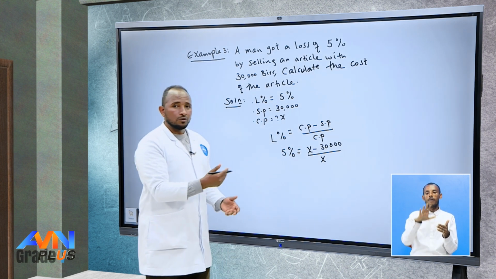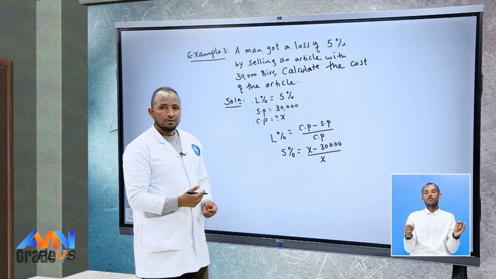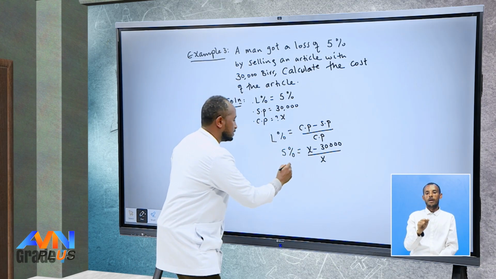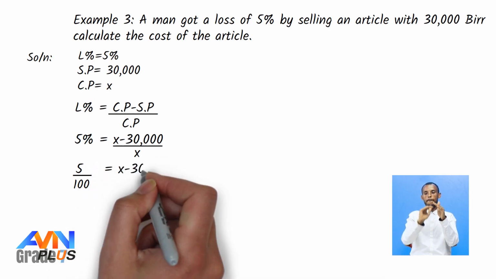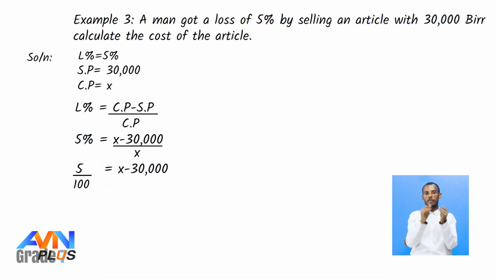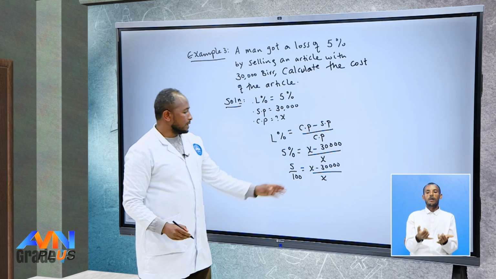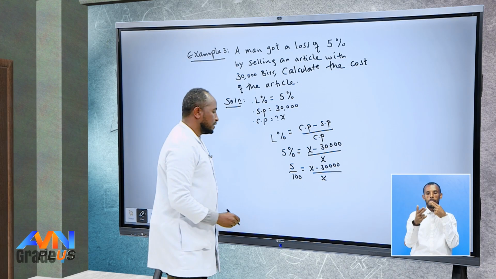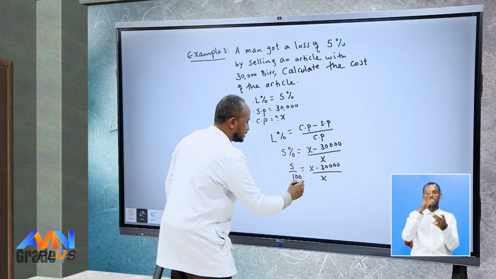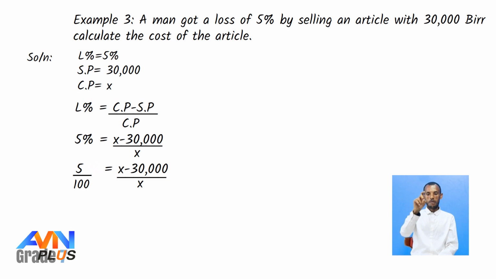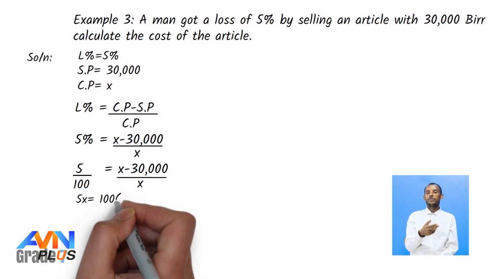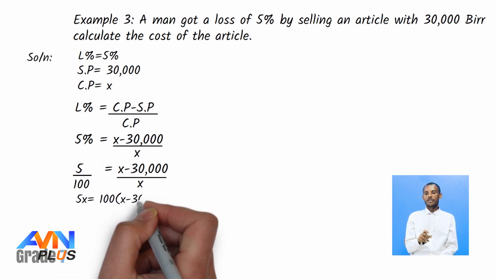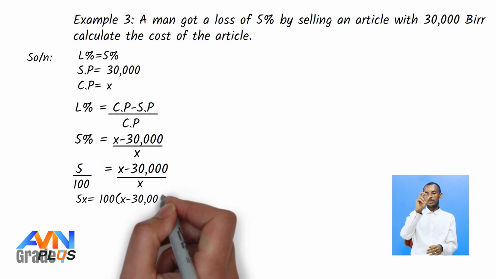5%, when you convert this into fraction form, means 5 out of 100. Therefore, this is written as 5 over 100 is equal to x minus 30,000 divided by x. Now, let's apply cross multiplication. So here, 5 times x is 5x, which is equal to 100 multiplied by both, 100 times x minus this one, 30,000.